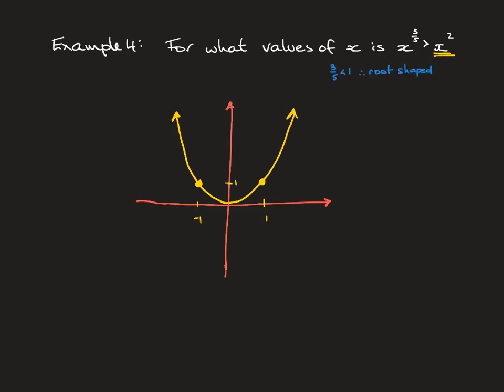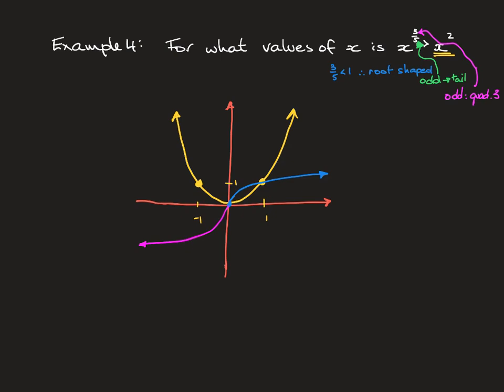So I'm going to draw that root-shaped graph in for the positive arm this way. And so our denominator is odd, which means we have a tail, and our numerator is also odd, which means our tail is in quadrant 3.